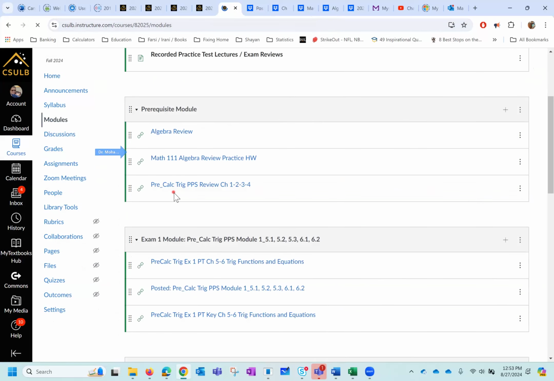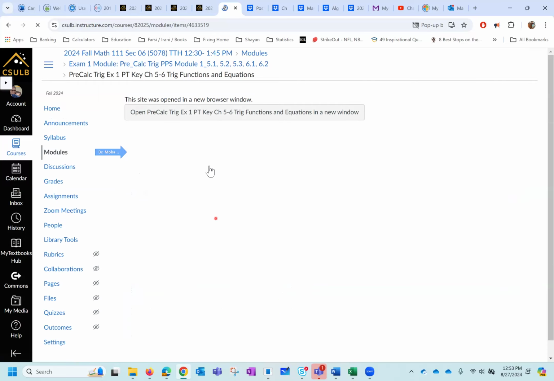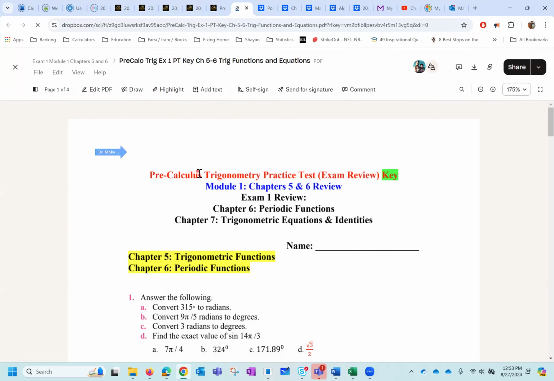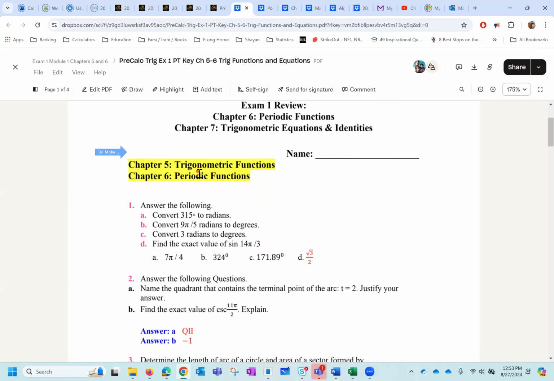So module 1, exam 1 module, we have the practice test. We have the PowerPoints. And here's the key to the practice test. So not only do we have the practice test, we also have the key to those.